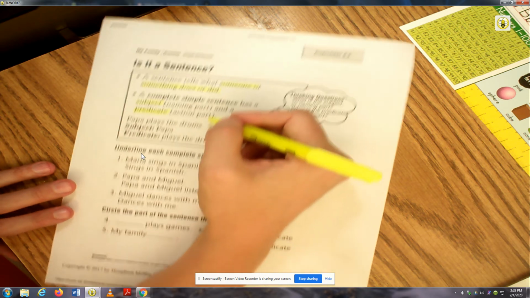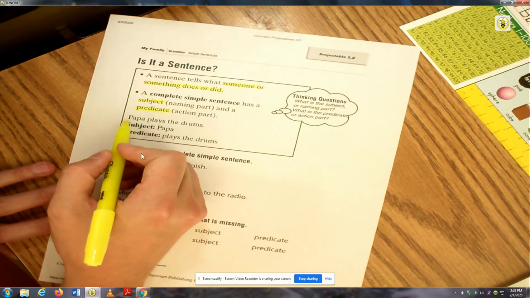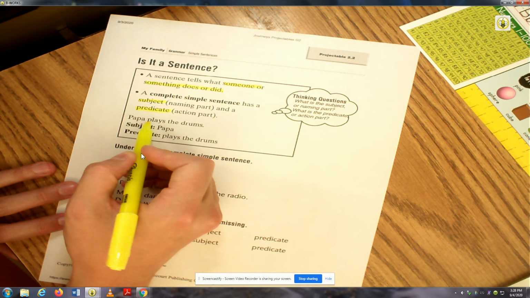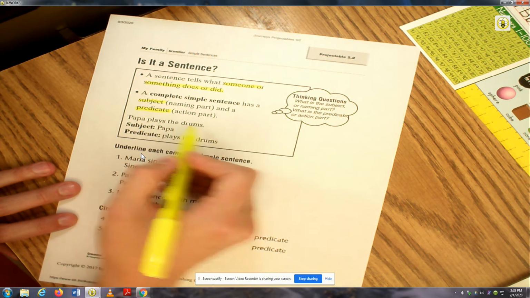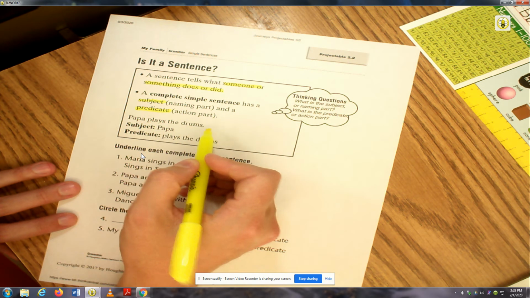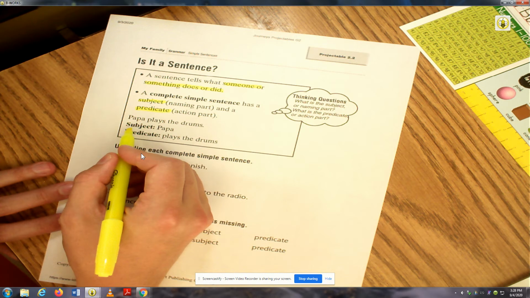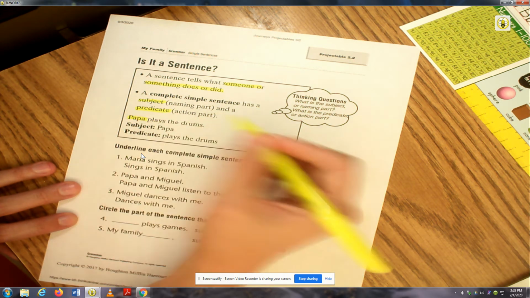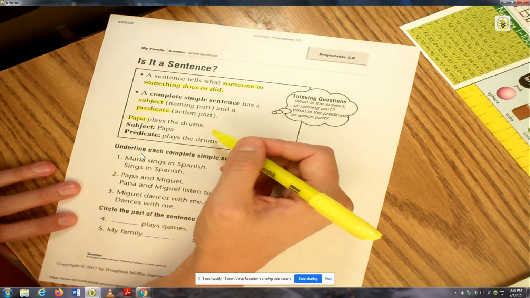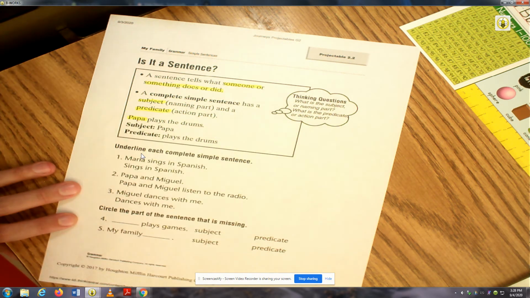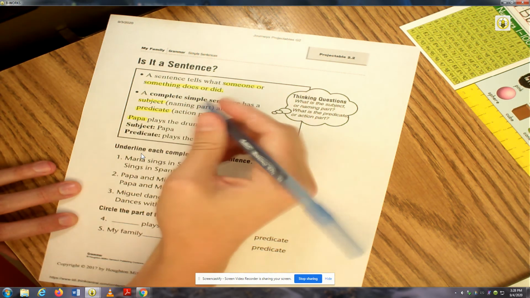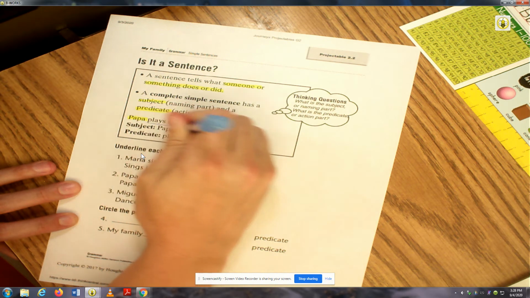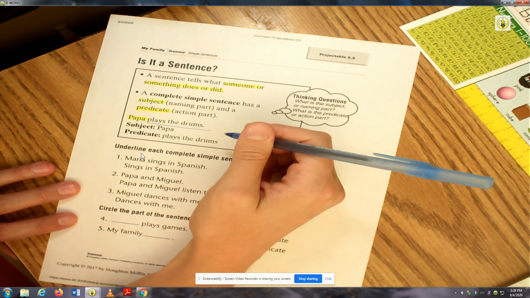Let's look at this sentence. This sentence says, Papa plays the drums. The subject of this sentence is Papa. Papa is the person that this sentence is about. The predicate is plays the drums. The action that the subject takes is the predicate.